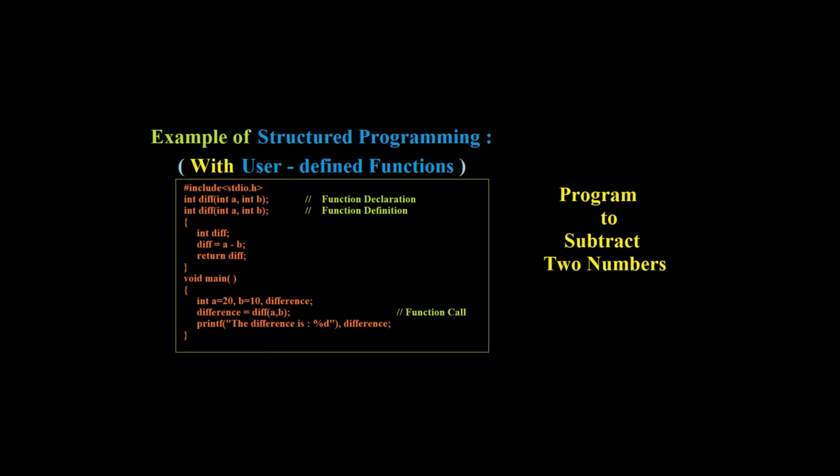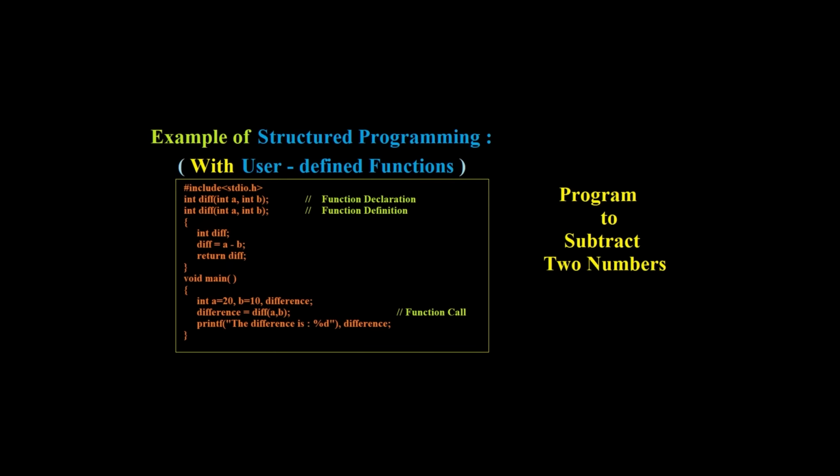These can be called the parameters. We will come to these things in our later sections, but for now you just need to remember that in case of user-defined functions, we have to follow it step by step. As you can see here, first we have to declare the function, then we have to define the function, and then in the main function we are calling the user-defined function. So there are three parts: function declaration, function definition, and the function call.